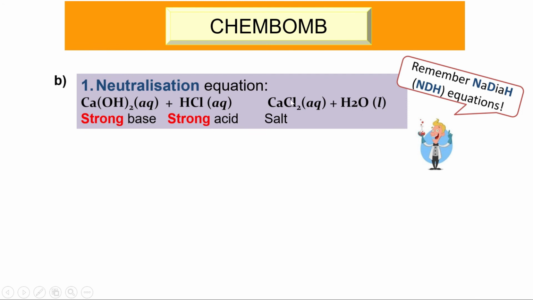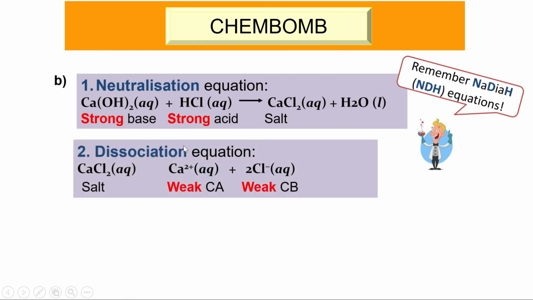Okay, you must write down the correct hydrolysis equation for CaCl2. CaCl2 comes from Ca(OH)2, which is a strong base, and also from a strong acid, HCl. So now write down the dissociation equation. CaCl2 dissociates completely into Ca2+ aqueous and also 2Cl- aqueous. As Ca2+ comes from a strong base, it is a weak conjugate acid.